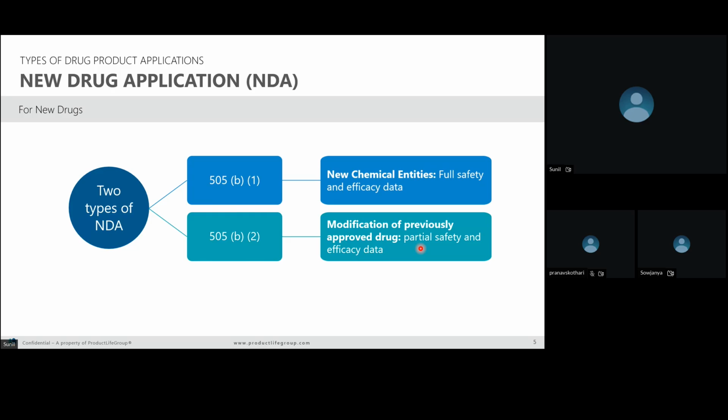You have to submit partial safety and efficacy data. Or if the strength is changed, suppose rosuvastatin is 10, 20, 40 mg in 2031. Later, the innovator thought that 80 mg is more efficacious. So they have to provide safety data, safety clinical trials on 80 mg. They are changing the strength. Then too, it will fall under a 505(b)(2) application.